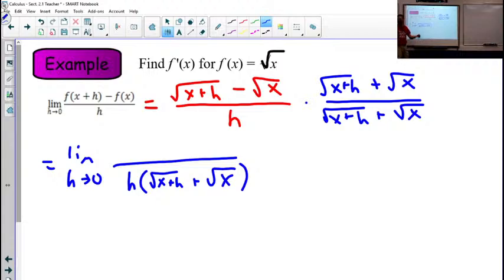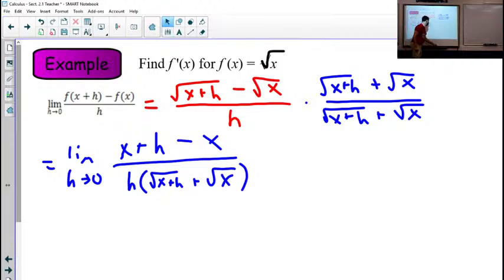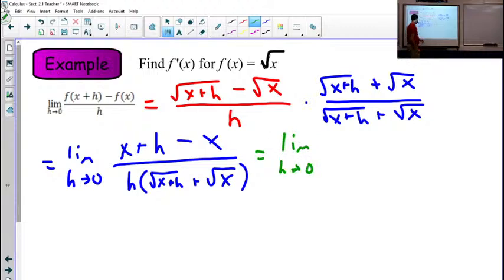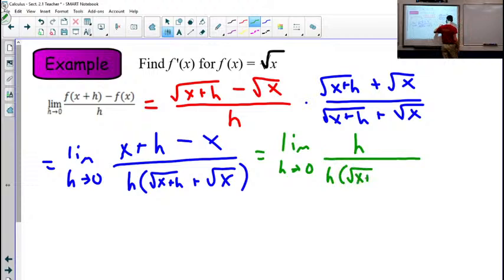So that's the difference of squares, and it multiplies together to be the square root of x plus h squared minus the square root of x squared. x minus x is 0, so we just have an h on the top. And now the h's cancel on top and bottom.